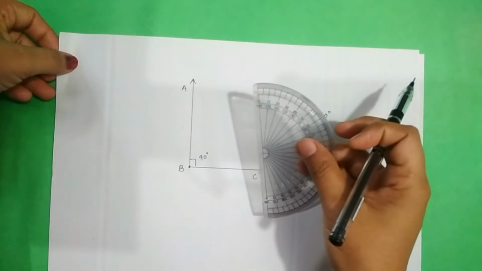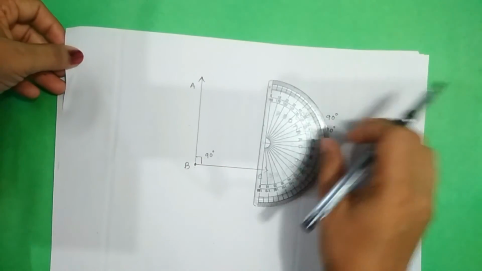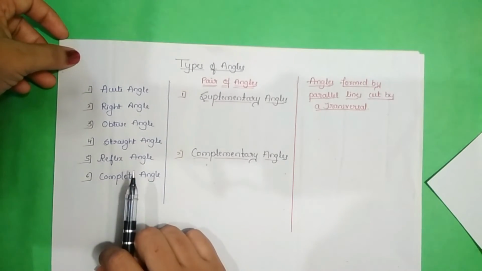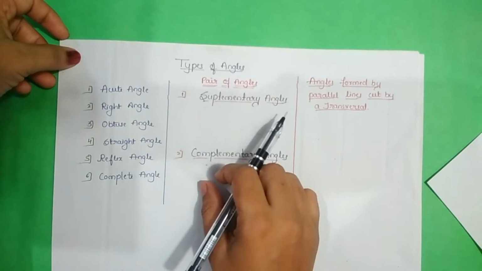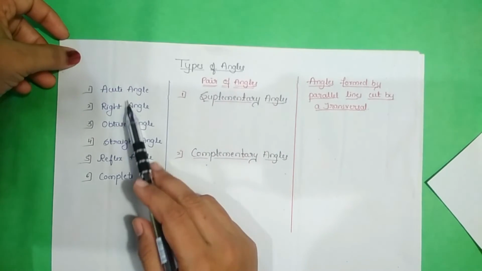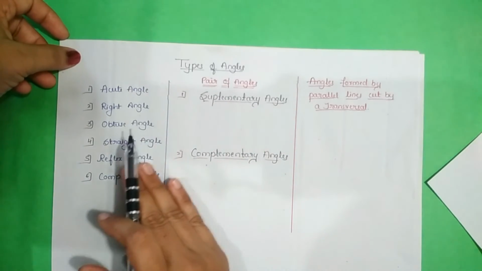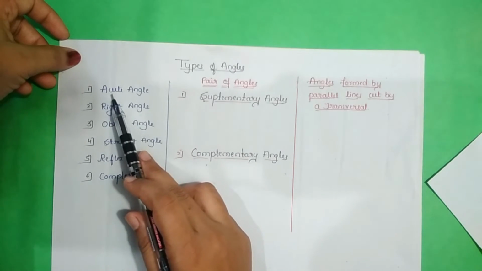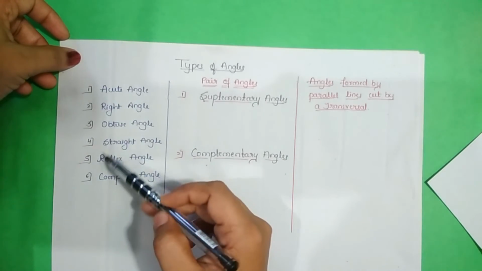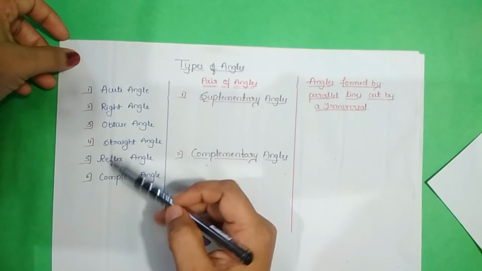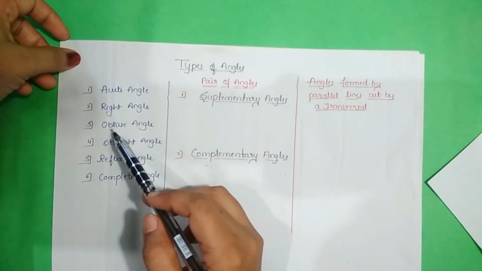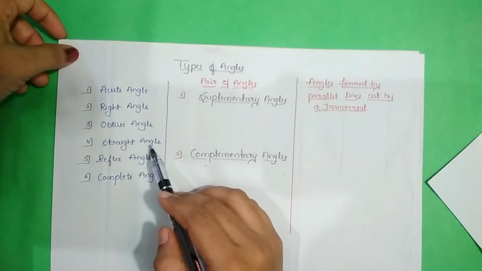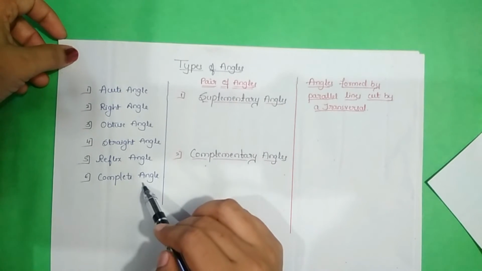After knowing how to measure the angle using the protractor, we will later move towards the types of angles. Types of angles are differentiated in different ways. The first category I am going to differentiate is based on the measurement of the angles. On that basis, there are 6 different types of angles: acute angle, right angle, obtuse angle, straight angle, reflex angle, complete angle.